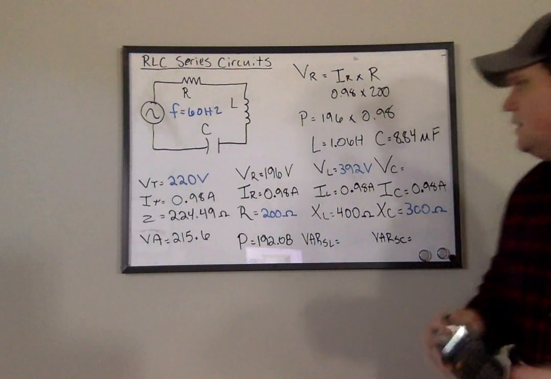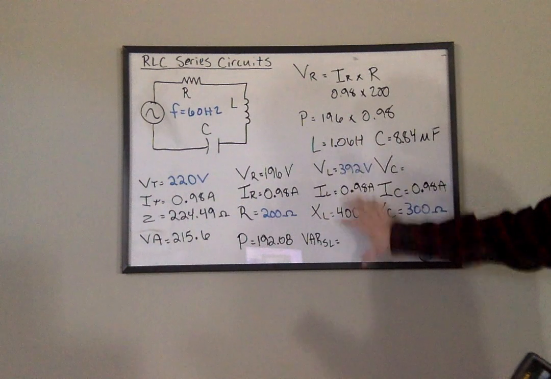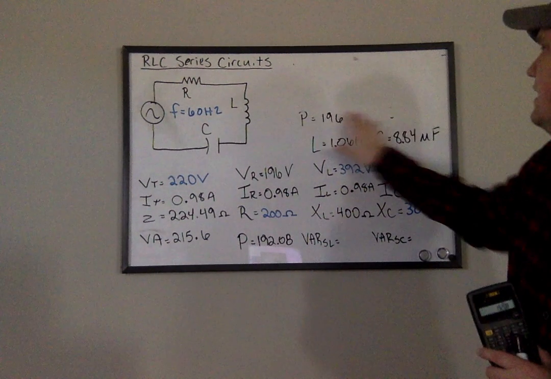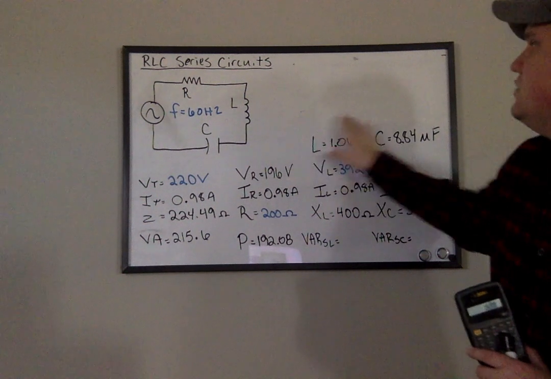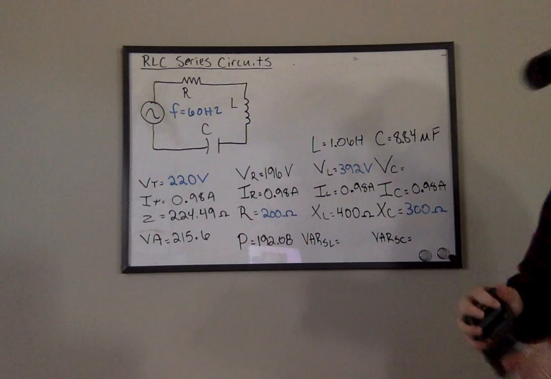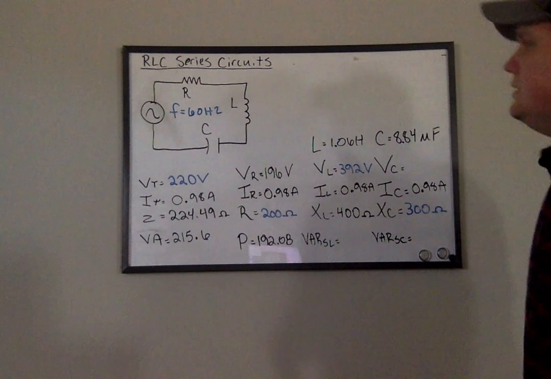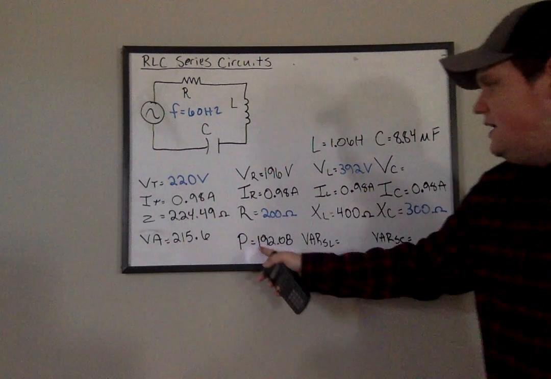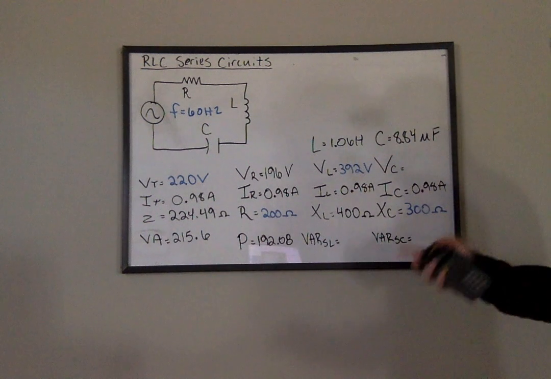Okay? So now, moving to the inductors column, I have everything that I need except for VARs. Remember, VARs is a part of the power triangle, so I treat everything in this column the same.